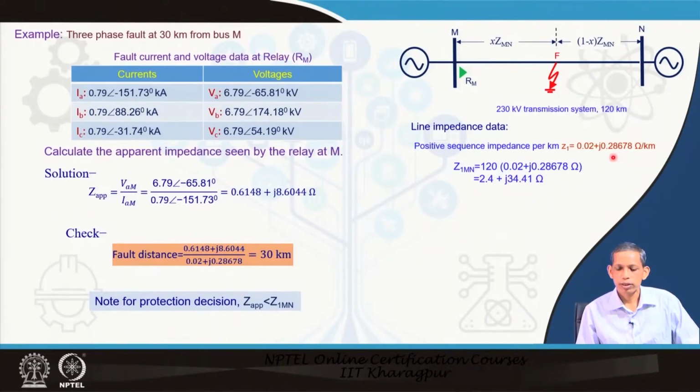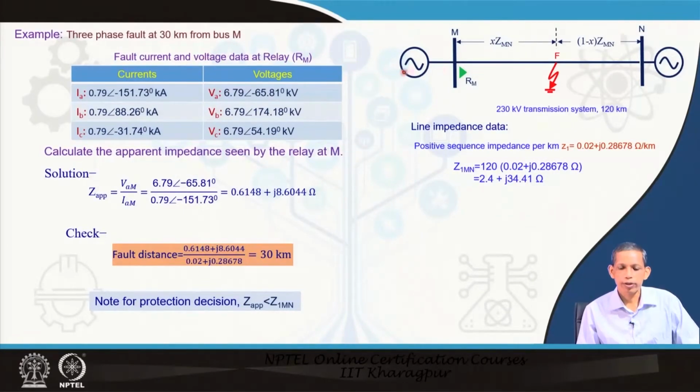Therefore, the total positive sequence impedance of the line, capital Z1 MN, is 120 kilometers into the per kilometer impedance, which gives us 2.4 plus j34.41 ohm. Out of this total impedance, a 3-phase fault is created at 30 kilometers.